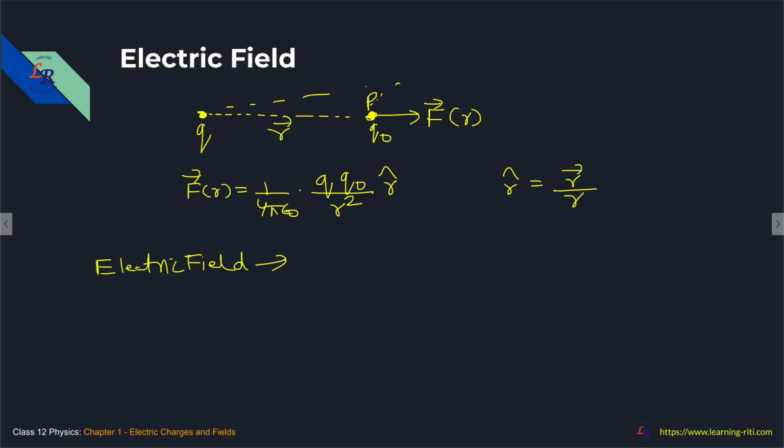Based on that, we want to make this independent of the charge q0. So we divide the whole equation, and it can be 1/(4πε0) · q / r² r̂. This quantity represents the force per charge, and then we multiply by q0 to get the force.